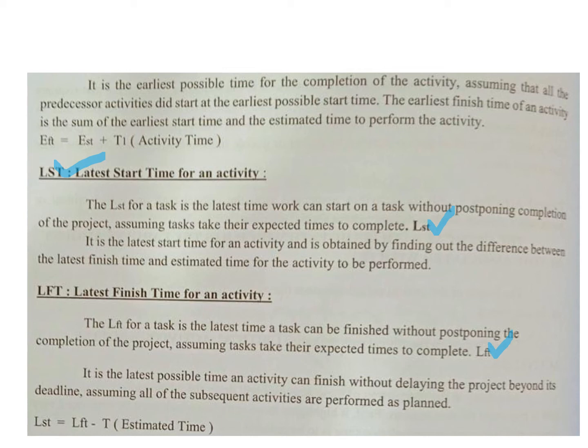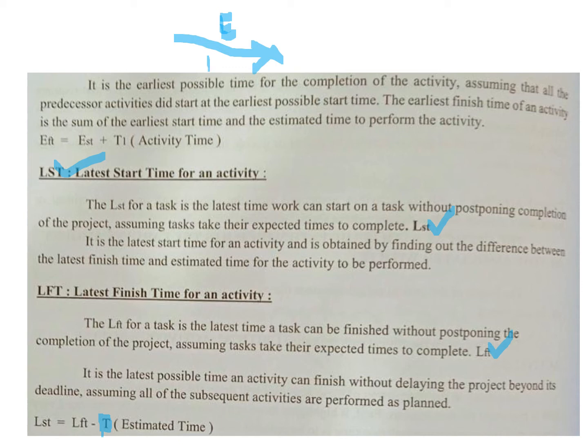Now, one important part is, if you have got the estimated time to finish a particular activity as T, let us say, for an activity, let us just call it, for example, E to happen.